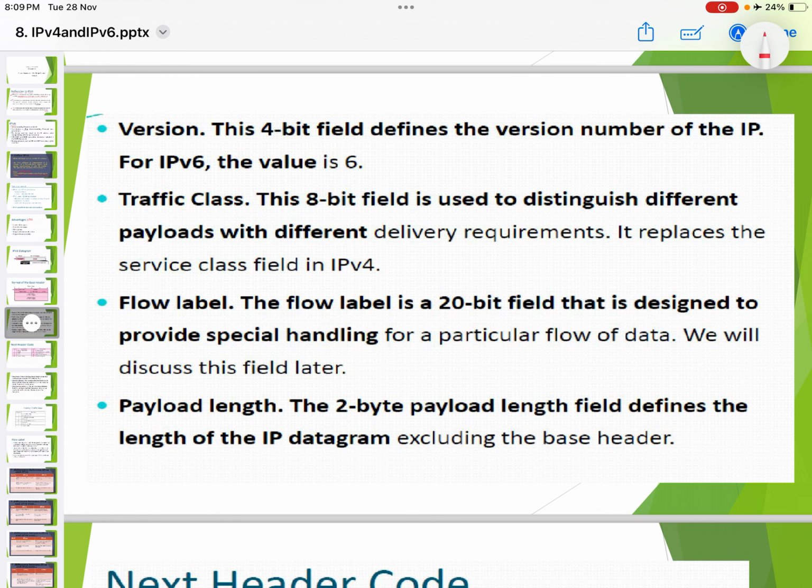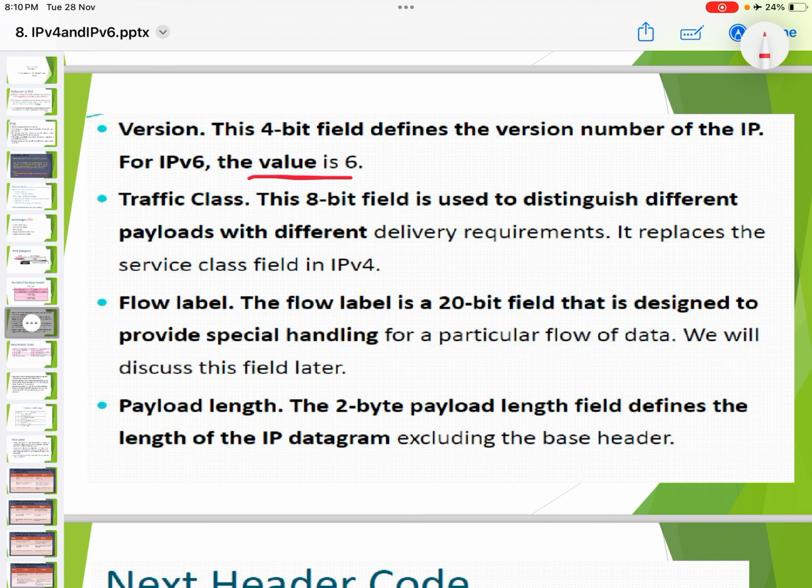For IPv6 the value is 6. Traffic class: this 8-bit field is used to distinguish different payloads with different delivery requirements. It replaces the service class field in IPv4. Flow label: the flow label is a 20-bit field that is designed to provide special handling for a particular flow of data. We will discuss this field later.